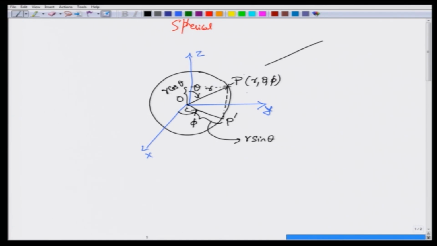In fact, this is all giving you the conversion formulas. So, if this length is r sin theta, let us find the x and y components by looking at the projections onto the x and y axis.